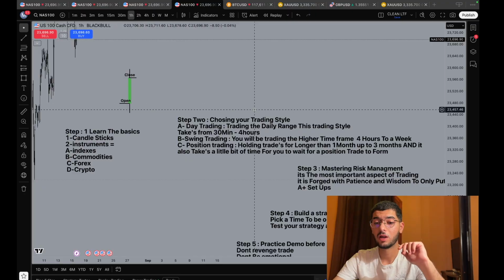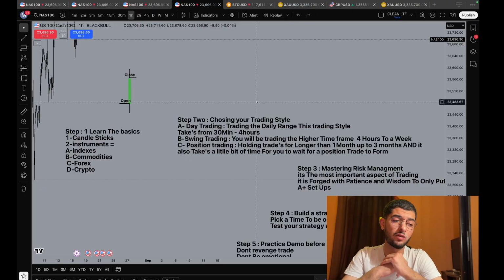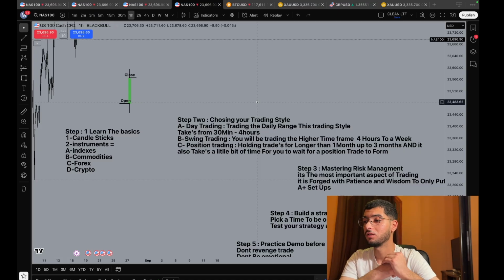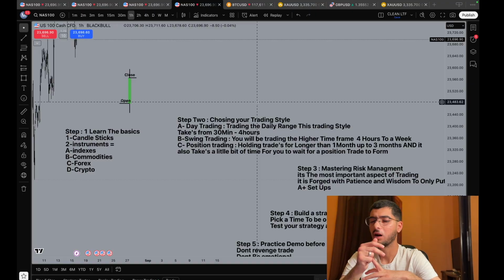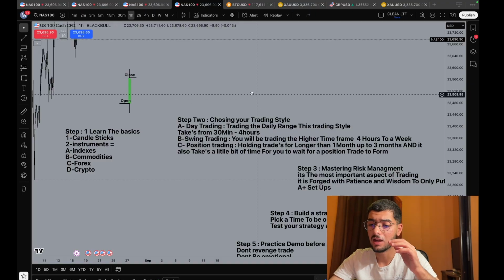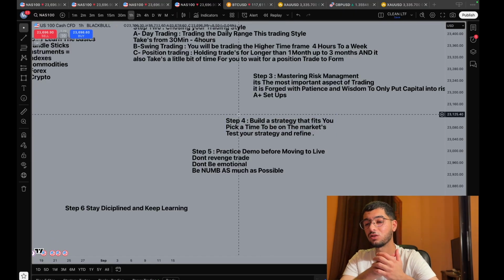Step 2, choosing your trading style, whether you want to be a day trader, a swing trader, a position trader. Trading is so flexible, and you can be as flexible as trading. If you have a job, if you have obligations, if you have time blocks or anything, you can design a strategy. Let's go to step 4, a strategy that fits you and fits your time.